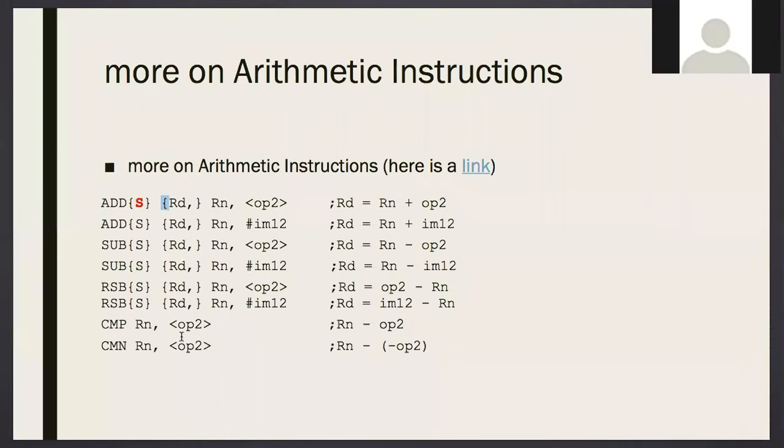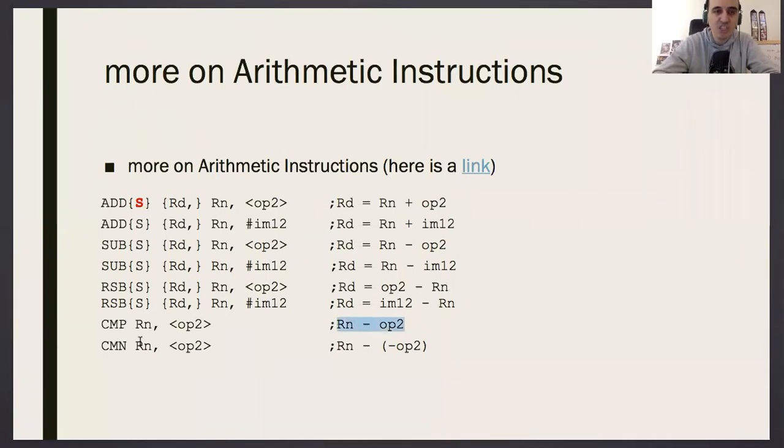No. This is CMP, guys, and CMN. CMP just does this operation, changes the flags, but doesn't write the result anywhere. So that's why in the syntax, there's no destination register, Rd. The result is lost, but according to the result, which is lost, we change the flags.